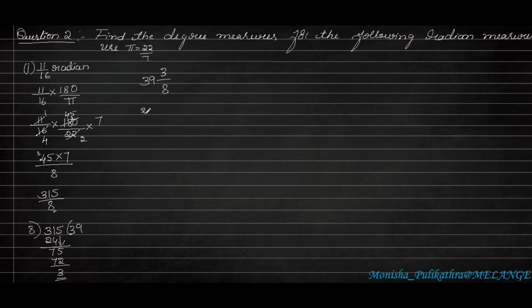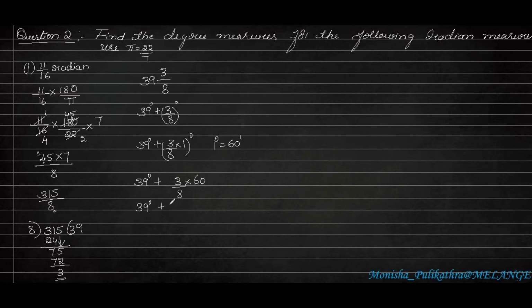Now this 39 will become 39 degree and this 3 by 8 will also become 3 by 8 degree. Here 3 by 8 degree is also equal to 3 by 8 into 1 degree. We know that 1 degree is equal to 60 minutes. So 39 degree plus 3 by 8 into 60, because 1 degree is equal to 60 minutes.